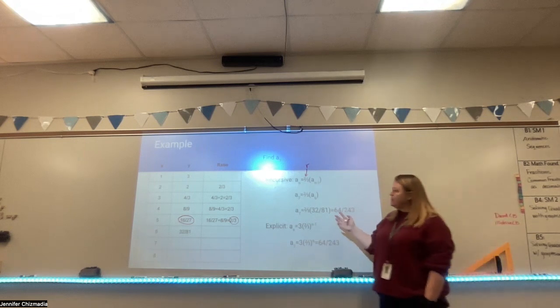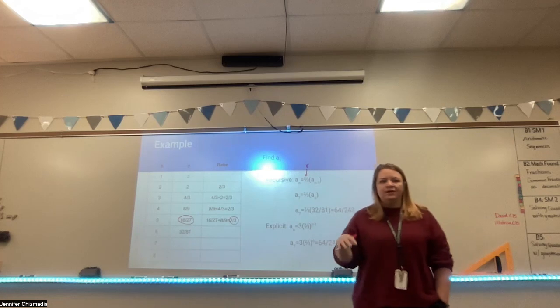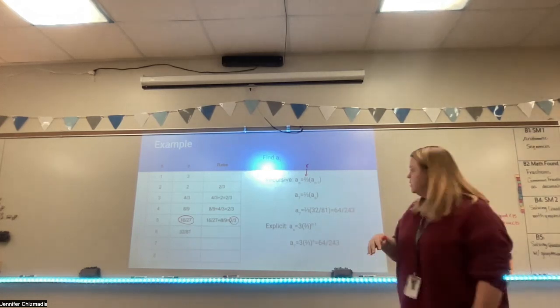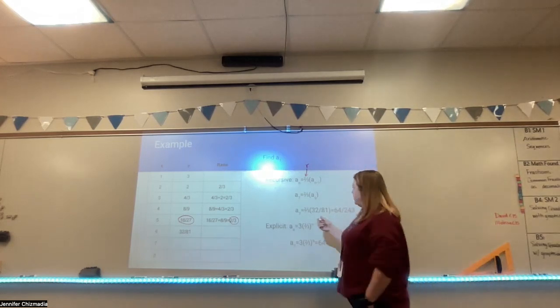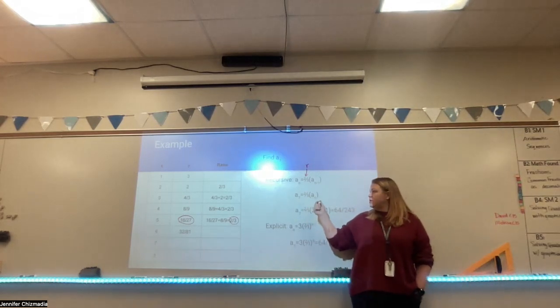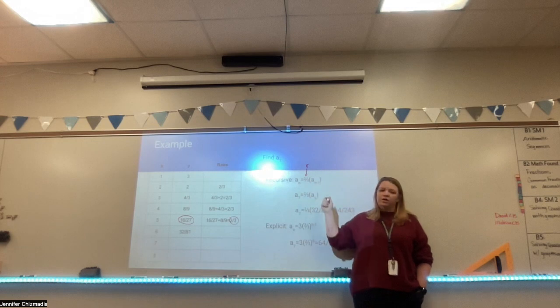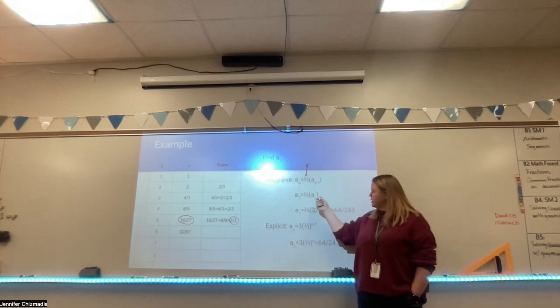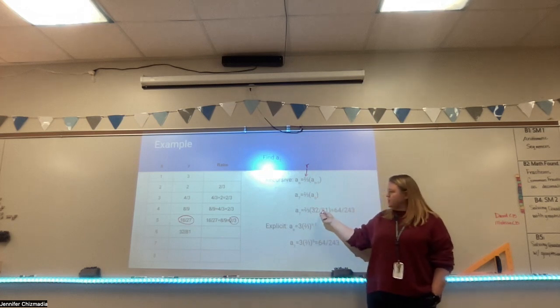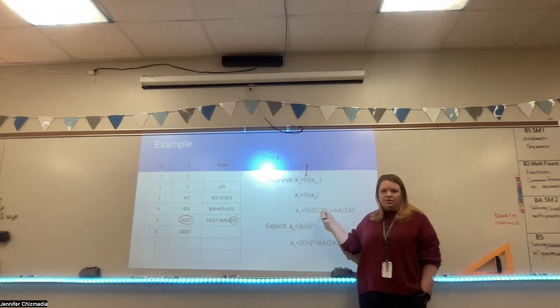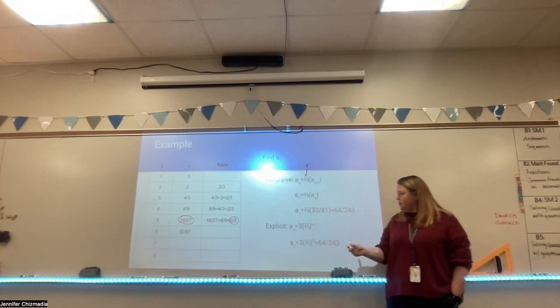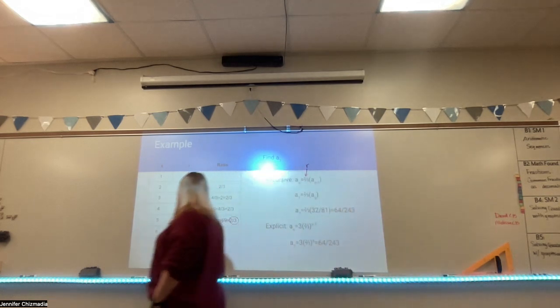Okay, and then I said, if I want to find a sub 7, the 7th case, what do I do? Got my 2/3, a n minus 1, 7 minus 1 is 6, right? So I need 6 to go in. So when I plugged in my 6 and multiplied them together, I get 64.